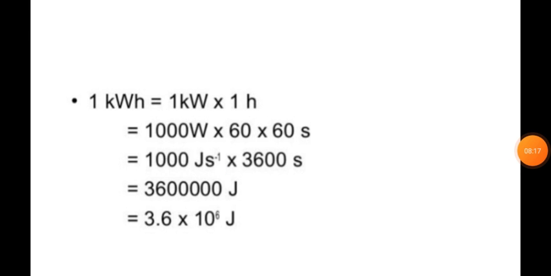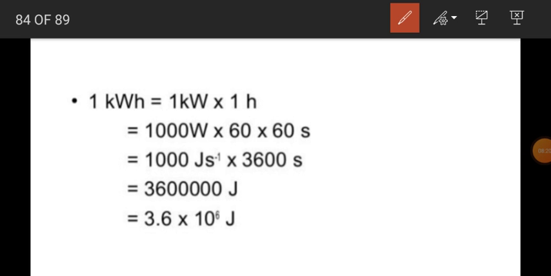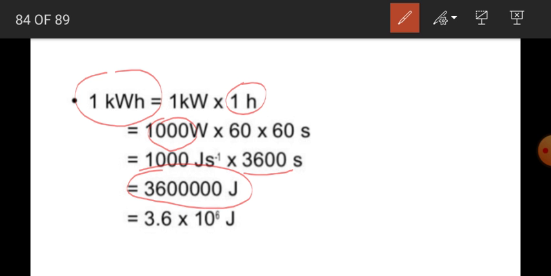So, yeah, this is the conversion. This is the relationship between kilowatt hour and joule. Okay, so kilo is 1000, so they have put the value 1000 here. Watt is an SI unit. In 1 hour, there are 3600 seconds, isn't it? So, if you multiply 1000 into 3600, you will get this huge number, 36 followed by 5 zeros.